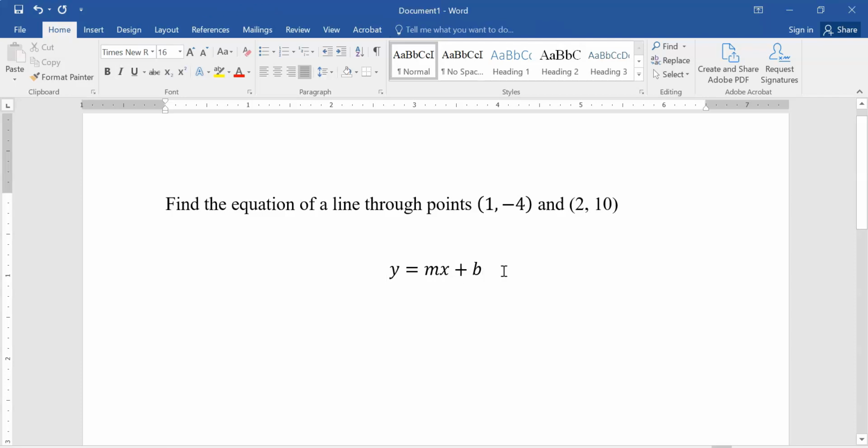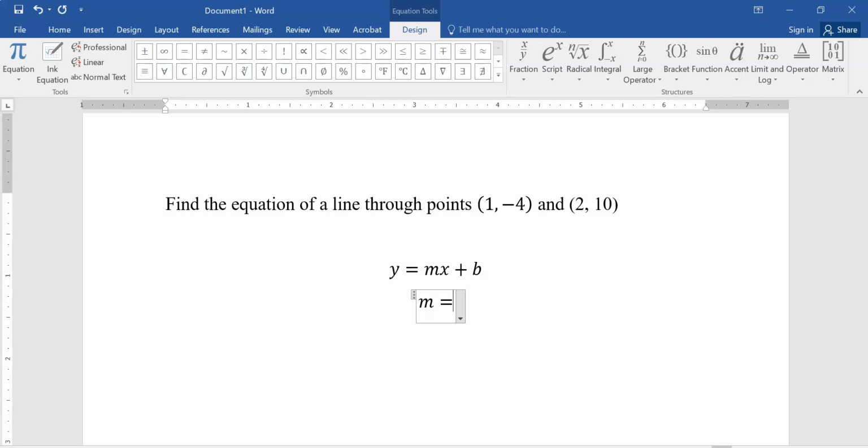We want y equals mx plus b. Our first step is always finding what the m is. So in this case, difference in y values, be very careful because one of these is a negative. I'm going to take 10 minus, and here's where to be careful. This is a minus a -4.